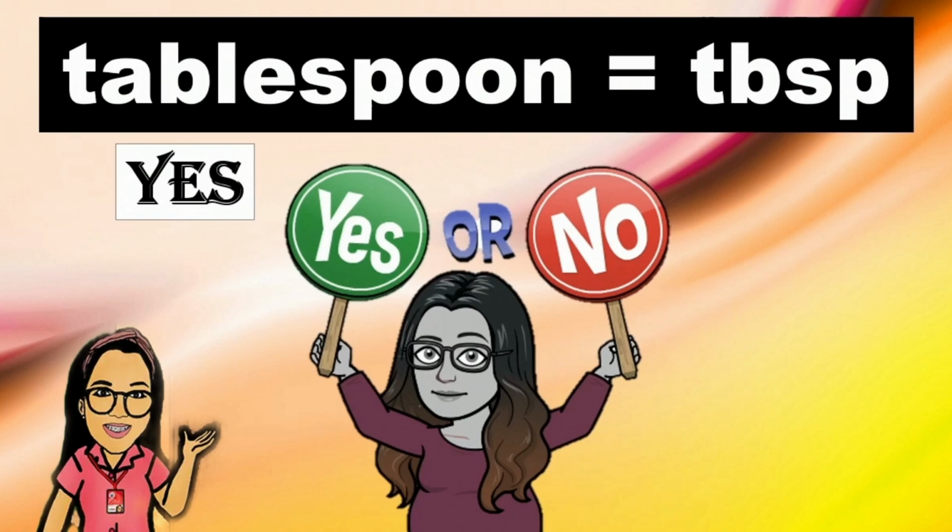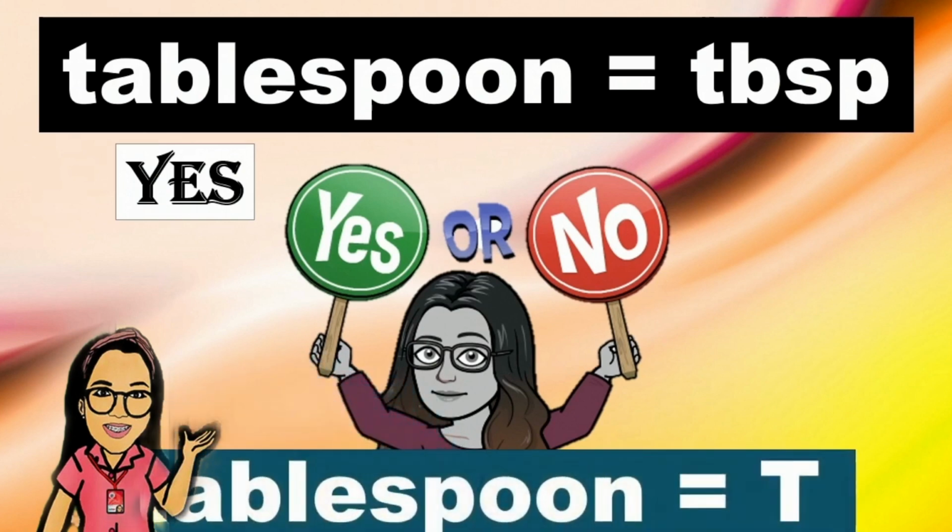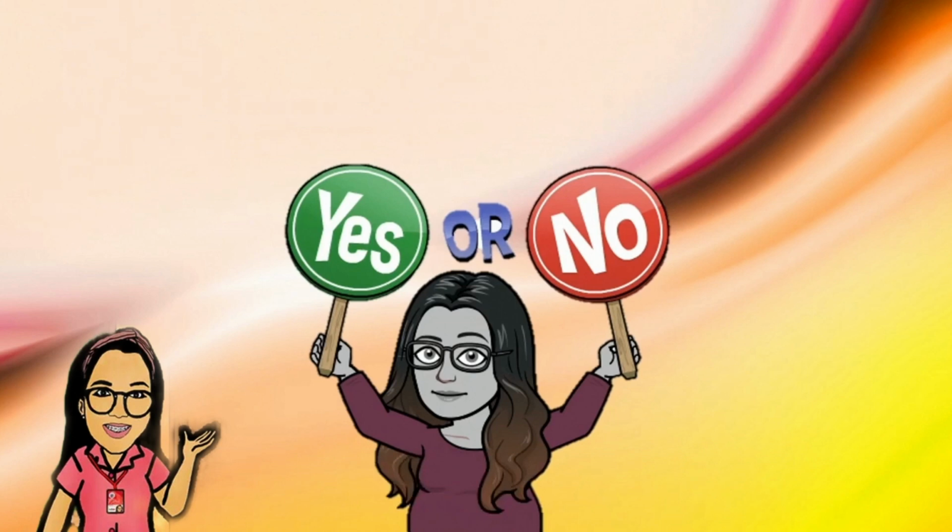TBSP is the abbreviation of tablespoon. And you can also use capital letter T for tablespoon. Here is our next.